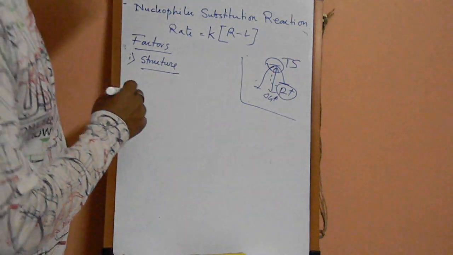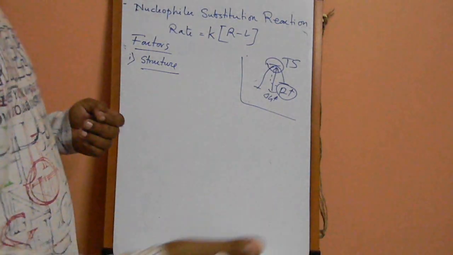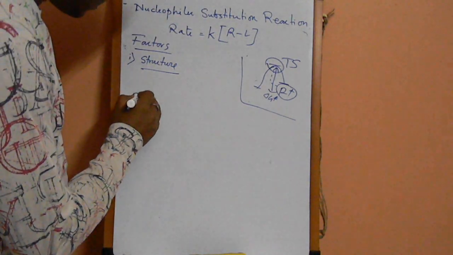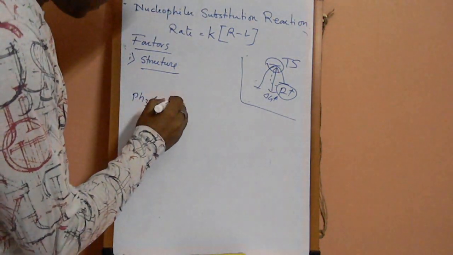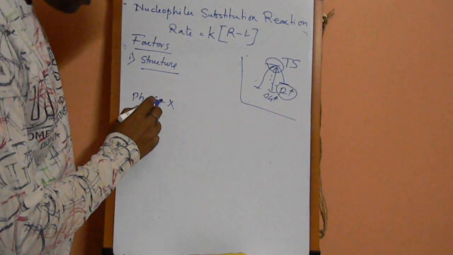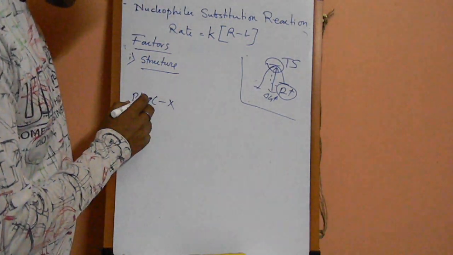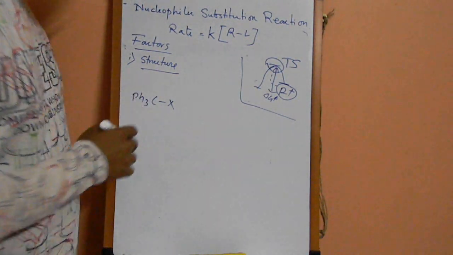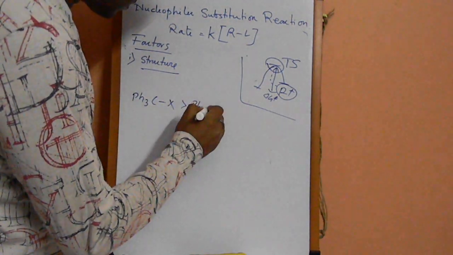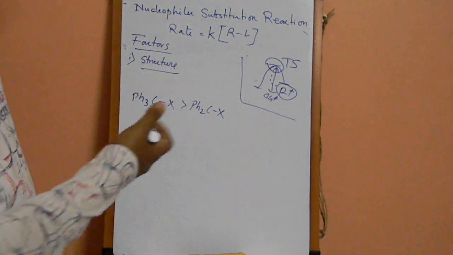So as you know, if you want to make an order of these different types of halides, we can say this kind of halide which has Ph3C, if X liberates, you will get Ph3C plus, and this C plus will be stabilized by resonance from the 3 Ph rings. And there are 2 Ph rings, so there will be relatively less stabilization.